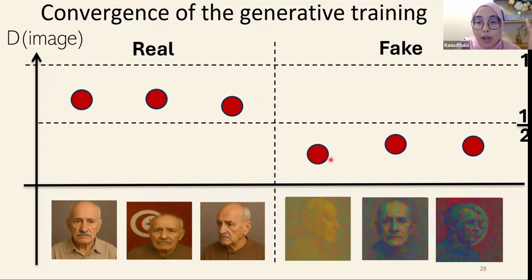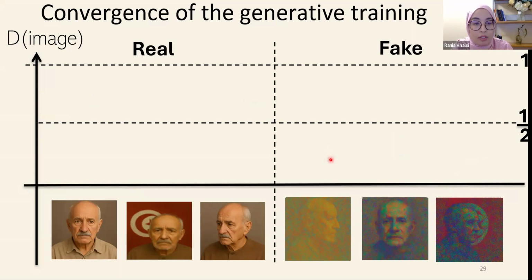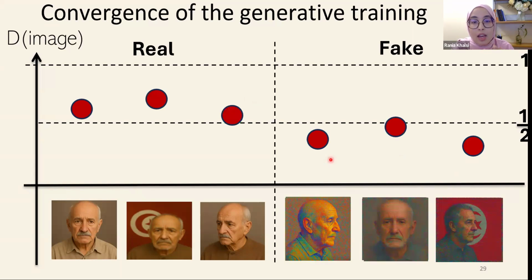It observes where the real data lie and starts shifting its fake data closer to that region, like this. Then the discriminator trains again on the new fake points and tries to separate them from the real ones. The generator responds by moving its outputs even closer.